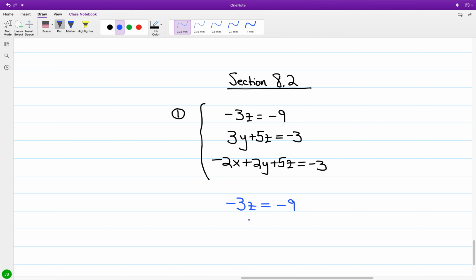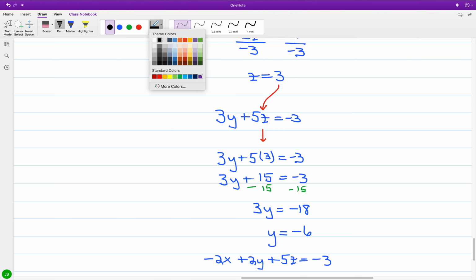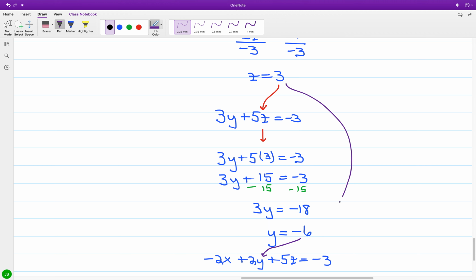So we have z at 3, y at negative 6. And now I can solve for x. In the equation negative 2x plus 2y plus 5z is equal to negative 3, again, I can just relay and substitute. So you have y at negative 6, and again we had z at 3.